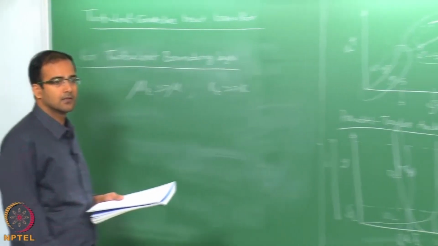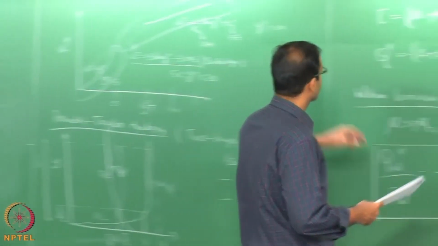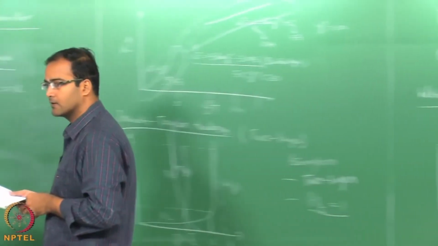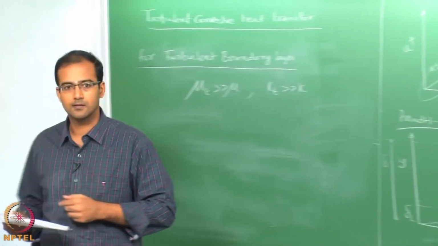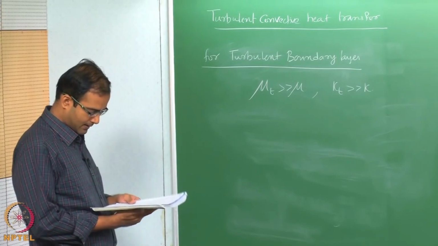You do the integration of these profiles from delta L all the way till delta and then divide again 2 by 1. Let us see what is the expression that you get.